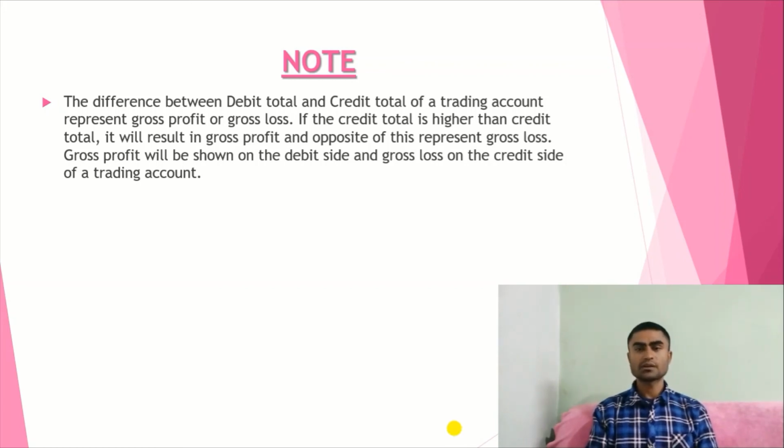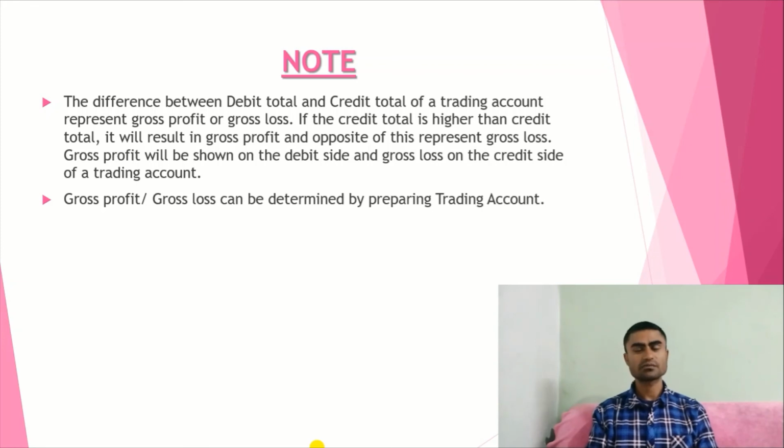Similarly, the opposite of this, that means if the credit total is lesser than debit total, there is the gross loss. Gross profit or gross loss can be determined by preparing trading account. In exam, the question may be like how do you determine gross profit or gross loss?